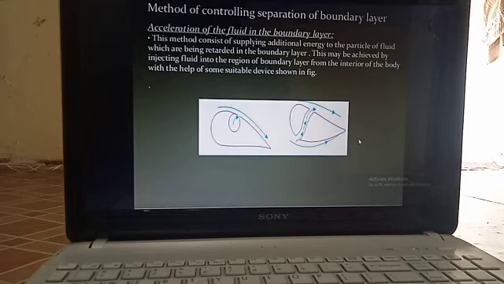First we will see some basic parts of the drag force, then the derivation. After the derivation we will get some formulas, and based on these formulas we will solve some numericals. This will be covered in two lectures: the first for the concepts of the drag force, and the second for the numerical parts.